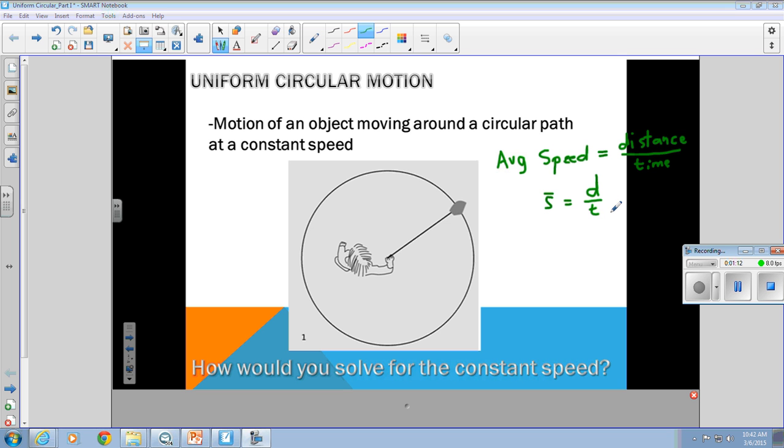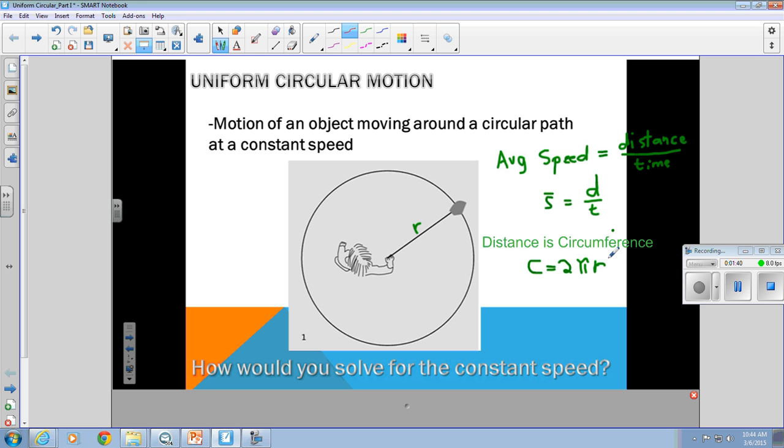The distance that this object is moving, if you follow my pointer, is the circumference of the circle. Distance is circumference. And how do you get the circumference of a circle? Circumference equals 2 pi r, where r is the radius of your circle.